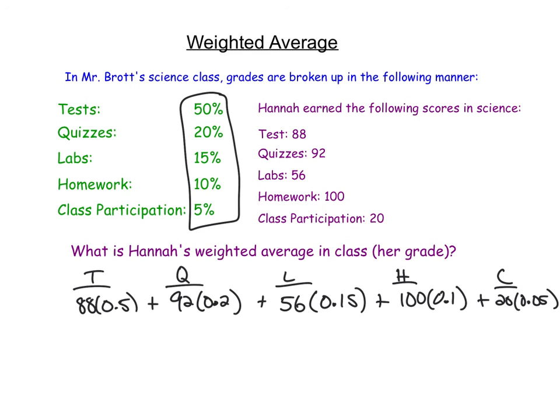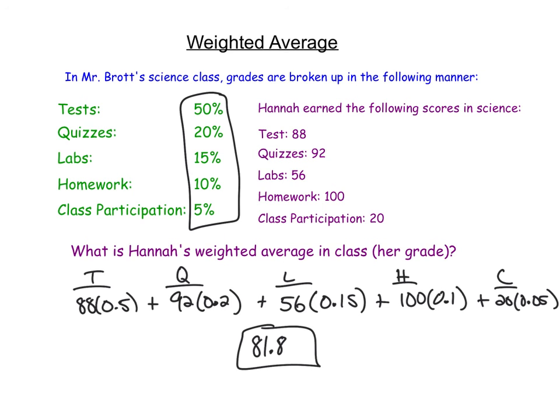So all you have to do is type this in your calculator, and when you do that, you get 81.8. So this would be Hannah's weighted average. So that's basically a B minus.